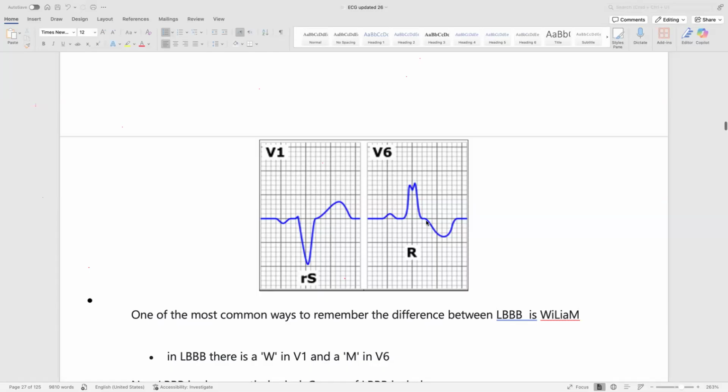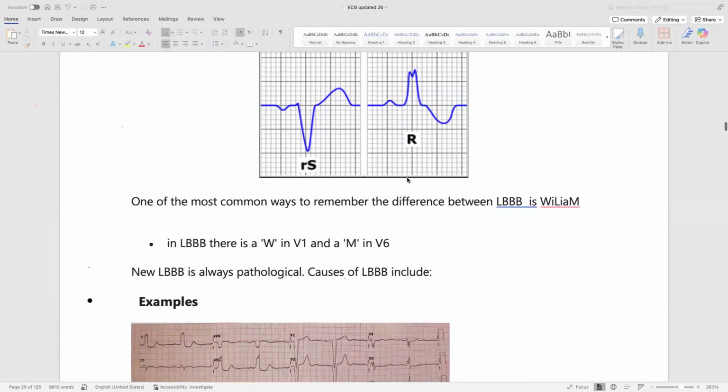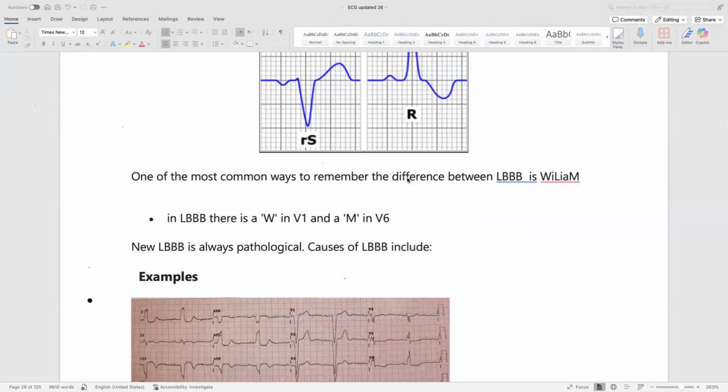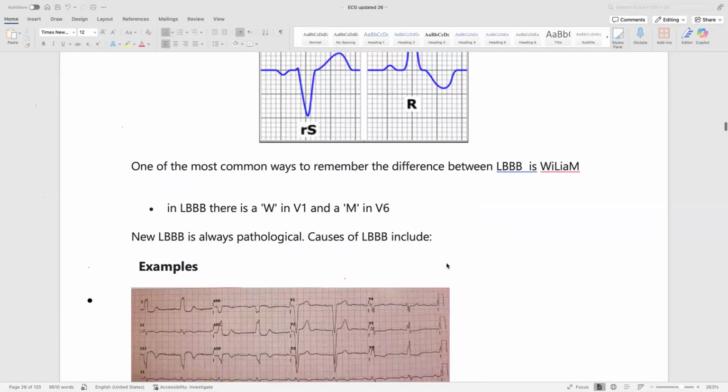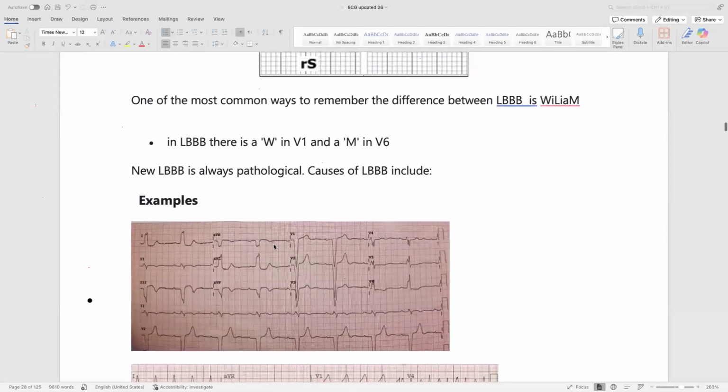In either V6 or lead 1, it will look like an M. See the M in V1 and in lead 1, and a deep S in lead V6.